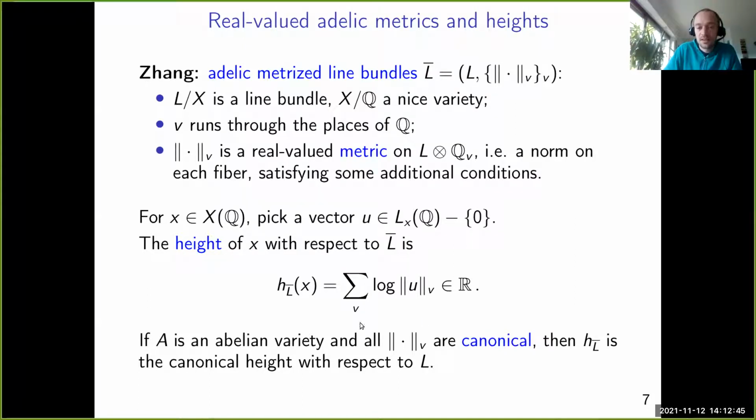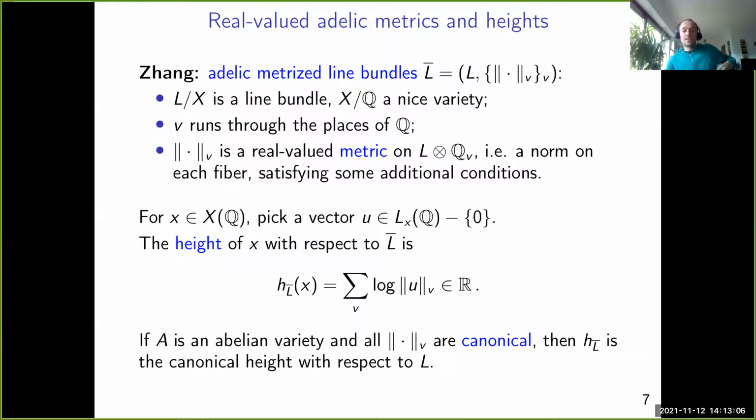Yeah, it has this local decomposition. So you just take the norm of u at v, take its logarithm, and then sum over all places. Yeah, and so that gives you a real number. And you can show that you can recover more classical definitions of real valued heights in this way.